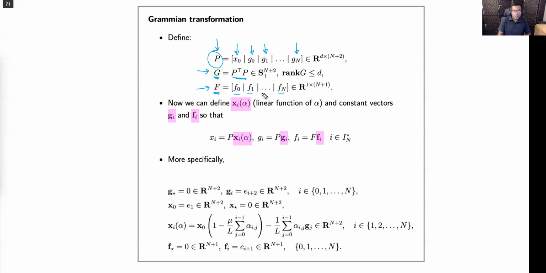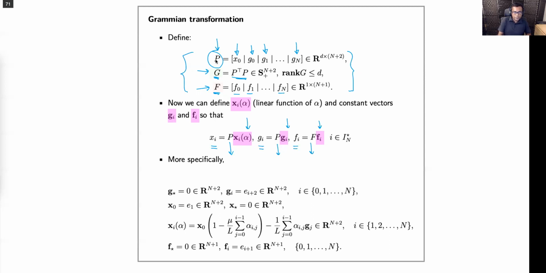Now, why are we doing it? The reason is that once we have defined these new variables, the main goal is that by multiplying these matrices with some input vector, which are constant in a way for a fixed alpha, we can completely reproduce our original variables xi, gi, and fi.